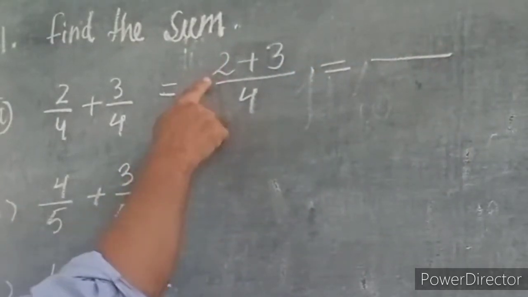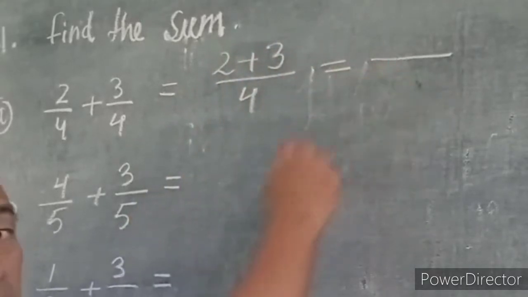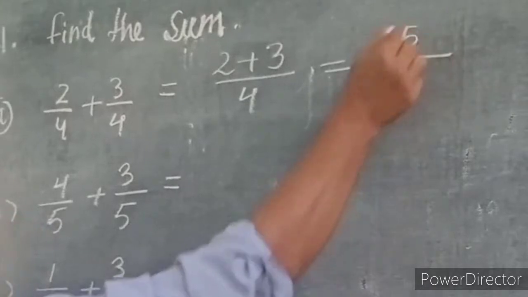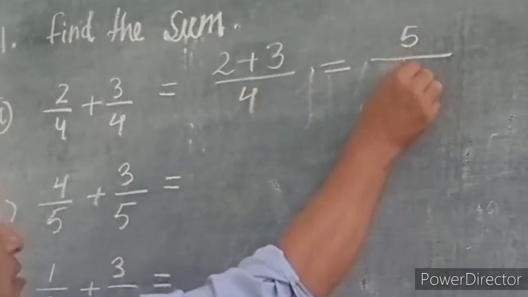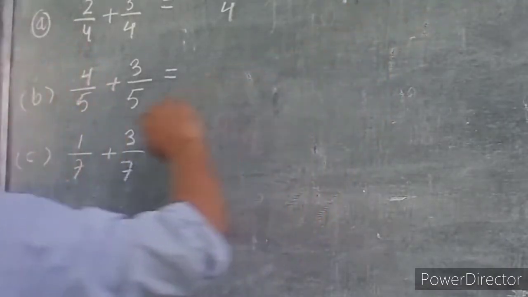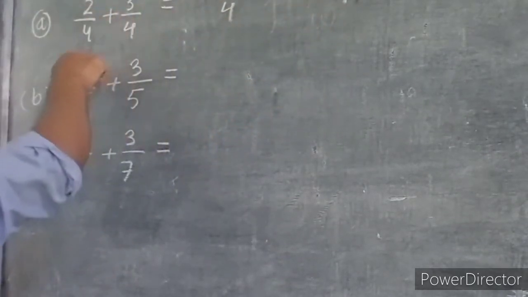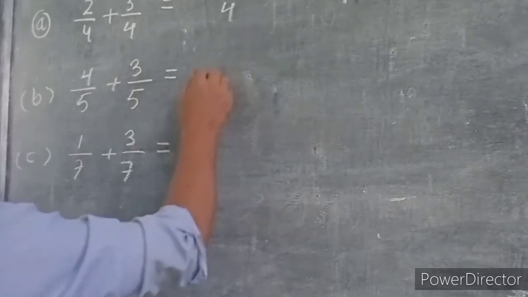The sum of 2 and 3 is 5, and here is the denominator. So this is our answer, the sum of 2/4 and 3/4.